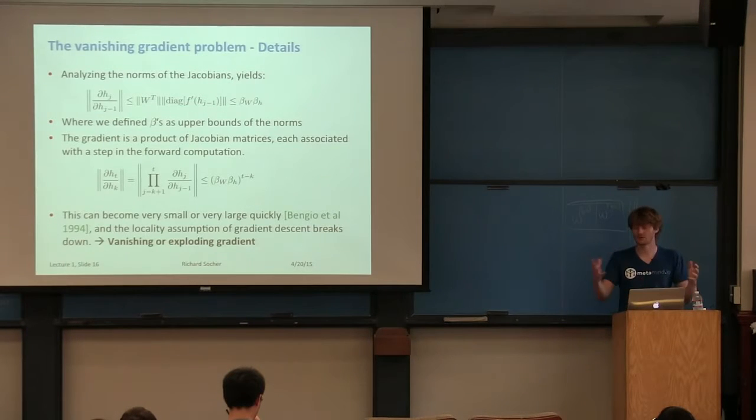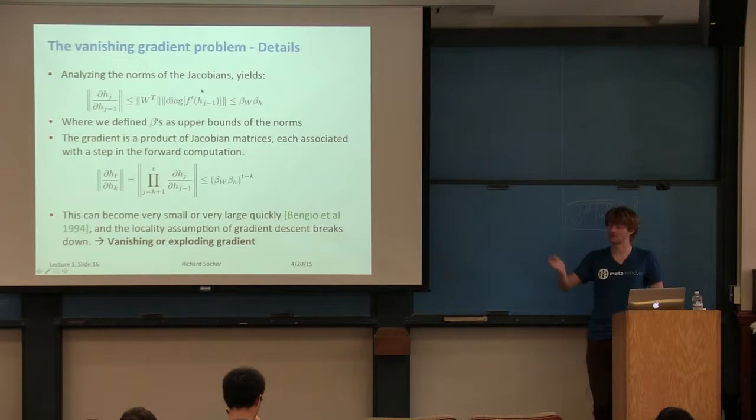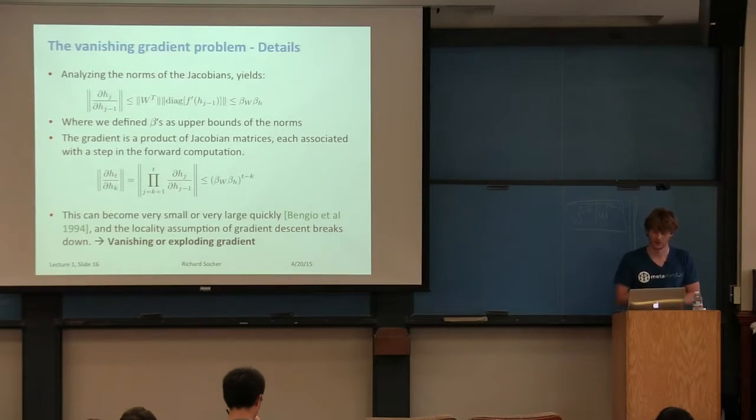Likewise, if your matrix weights are actually very large, and you have different kinds of nonlinearities, for instance, not the sigmoid, but maybe rectified linear units that are just linear when the input is larger than 0, then it could get very, very large.